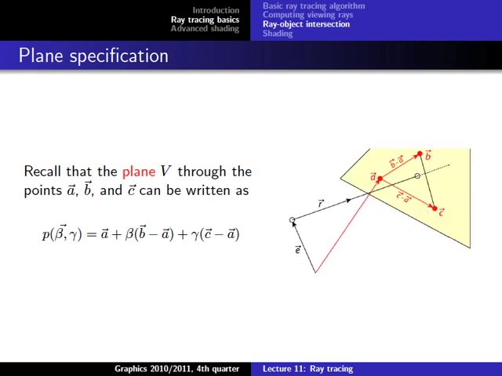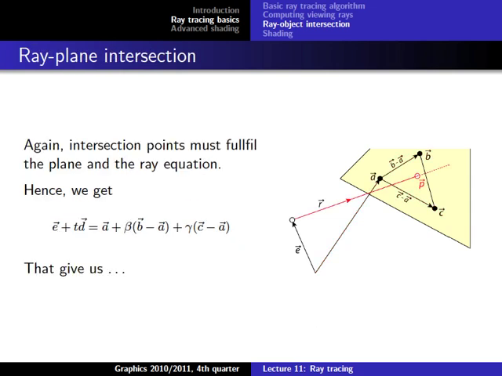Now, to first calculate this point, we define the plane in this way, and then we set this plane equal to the line, the ray equation, because of course the intersection point is on the ray and on the plane.